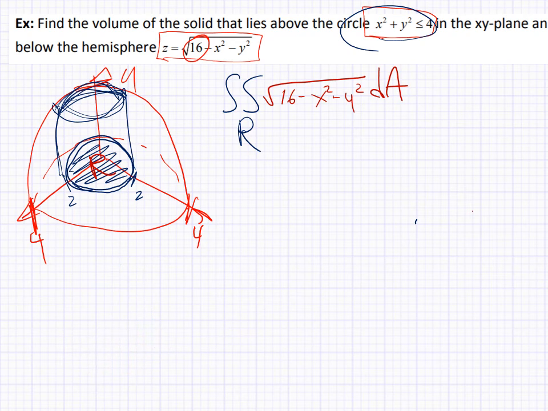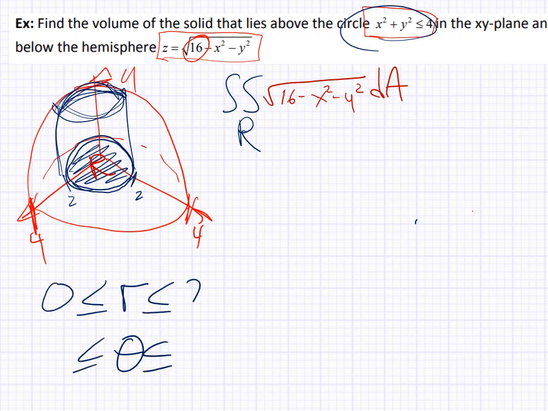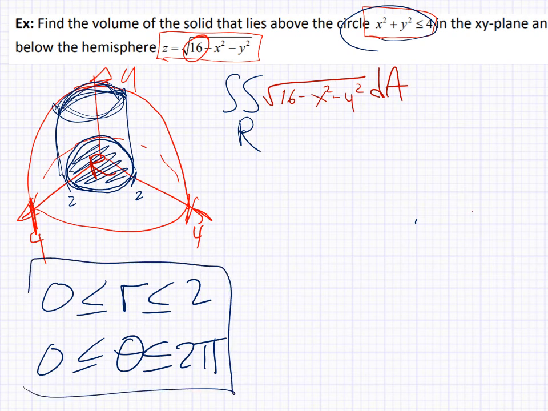So if we're going to use polar, r and theta, r between 0 and 2, theta between 0 and 2 pi, that'll give me the radius 2 circle, and I'm going all the way around the circle, so there's my region. I could rewrite this as the square root of 16 minus (x squared plus y squared). I'll do that because it'll be easy to convert.